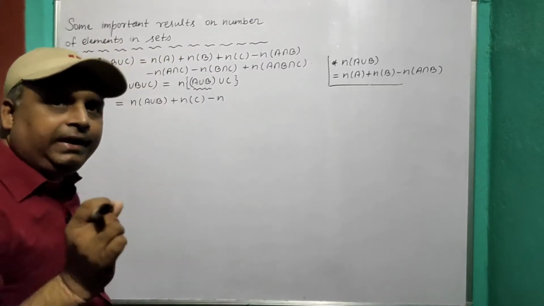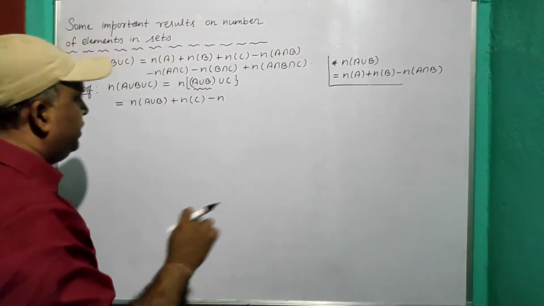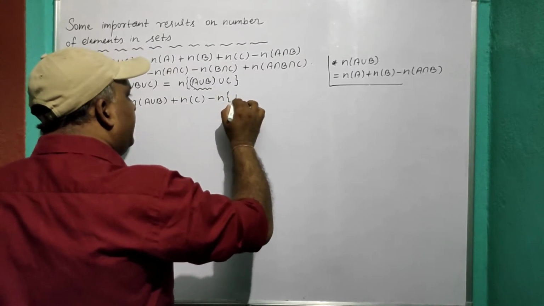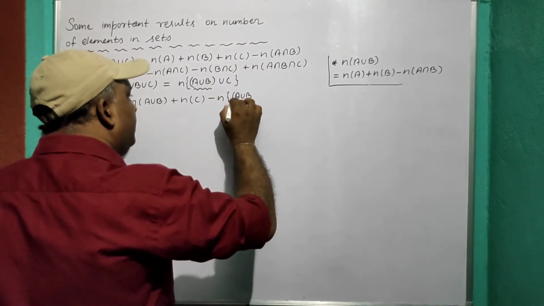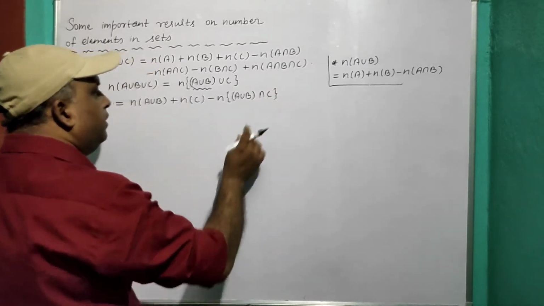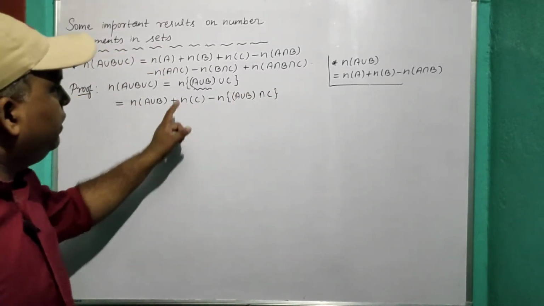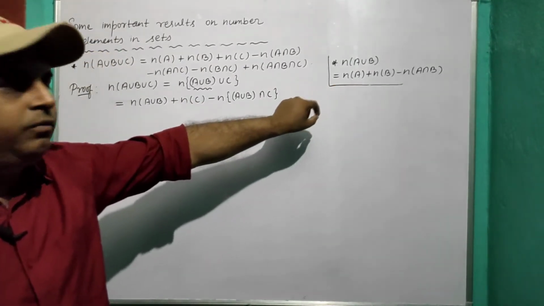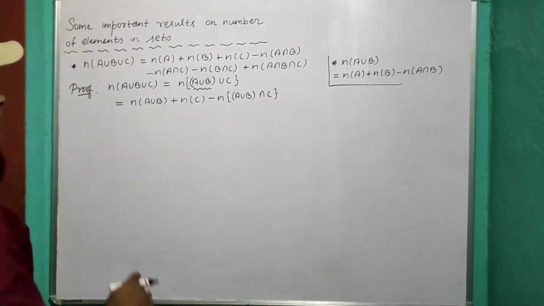In fact, this is the intersection of the first and second terms. So here I've taken the first term as A union B and the second term as C.